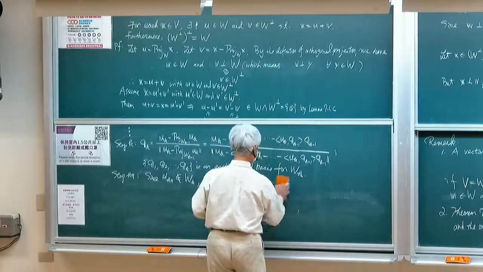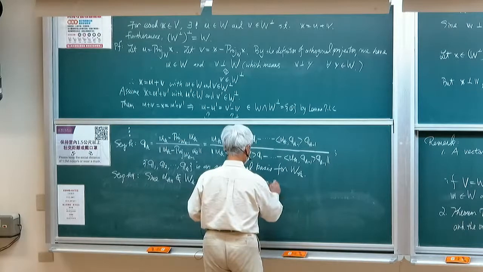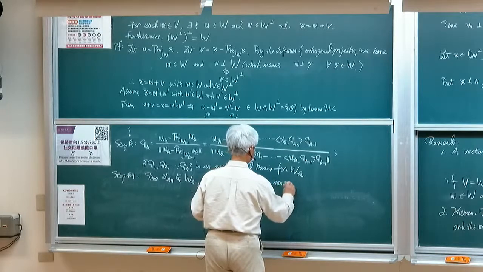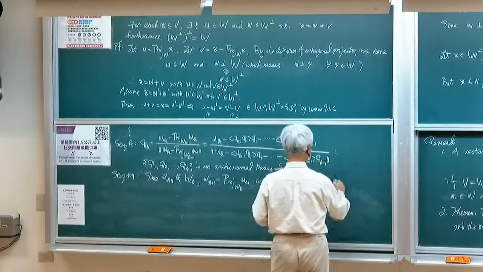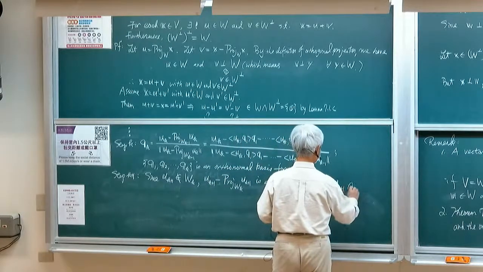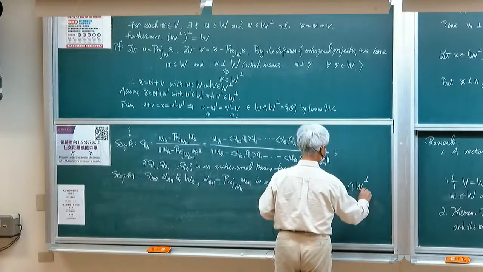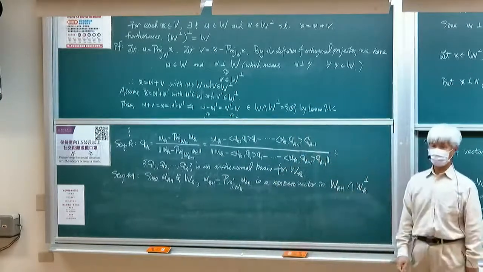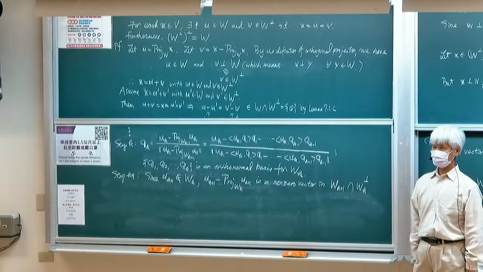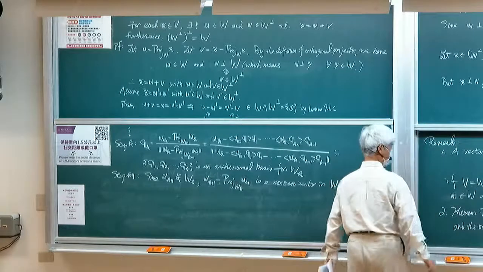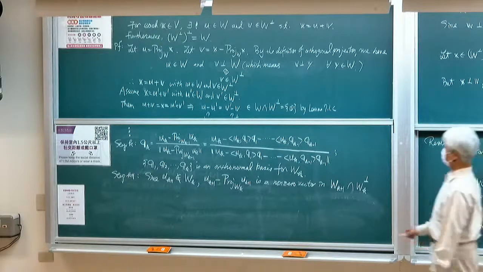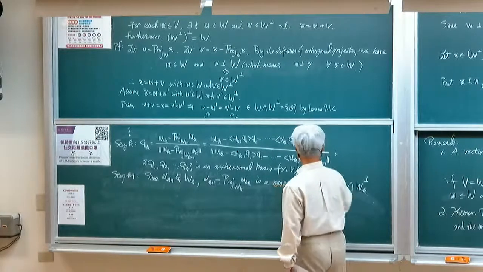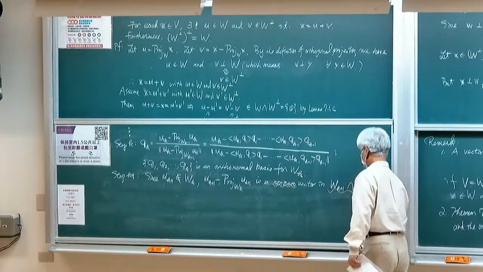So it's a non-zero vector in W sub K plus 1 intersect the orthogonal complement of WK. It is important to know that this is non-zero and it's in here.